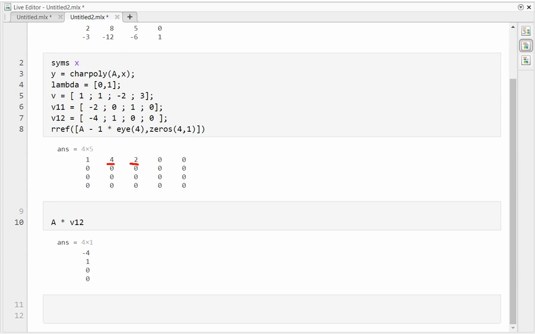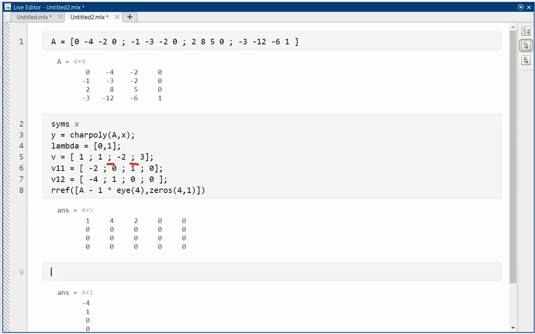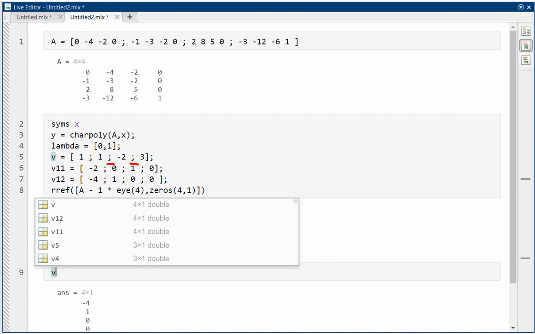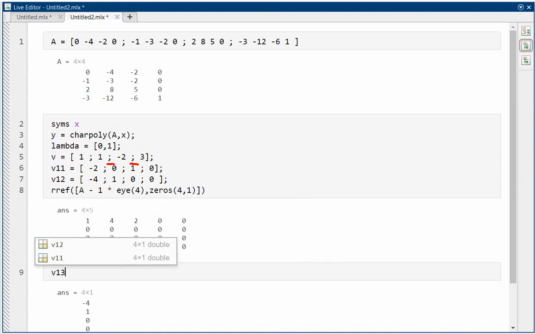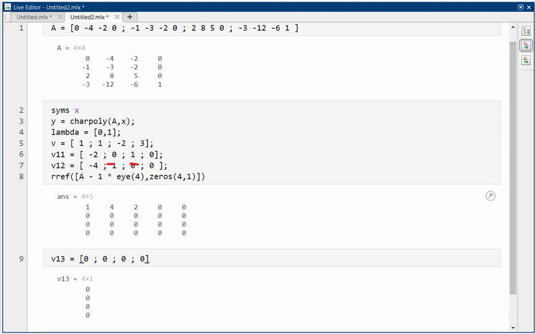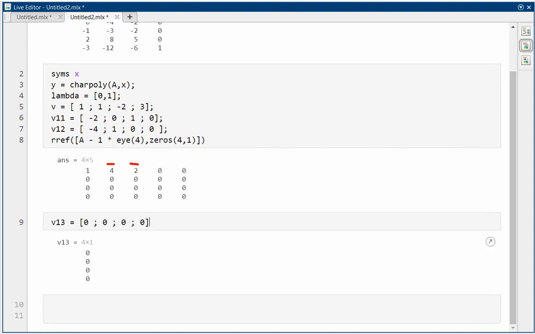Because v sub 1,3 is just a 0 vector. And yeah, it works, but of course it works. The 0 vector will always work.